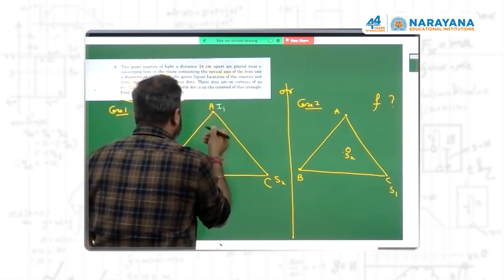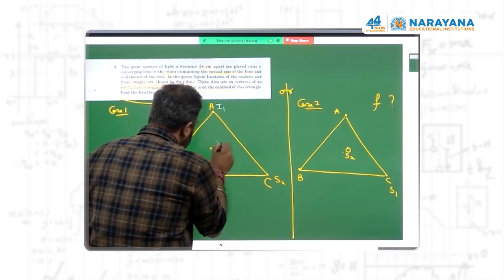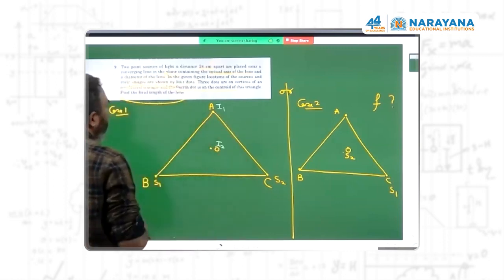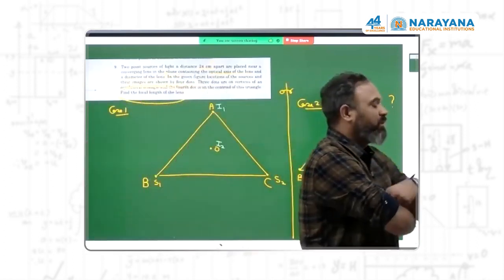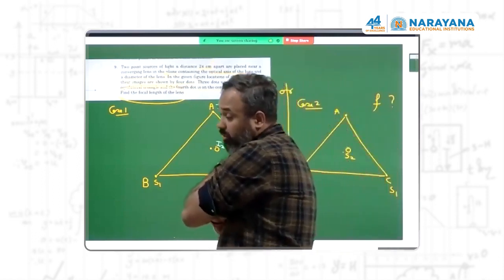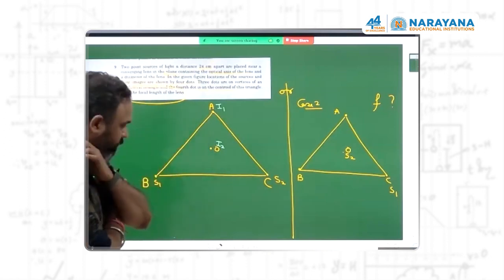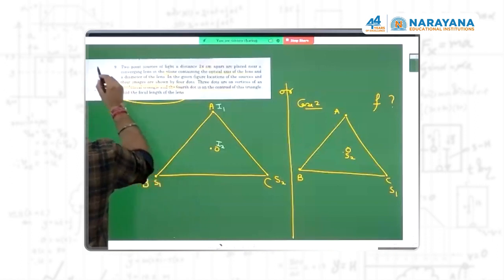If this is correct, then this one behaves like I1, and let's say the centroid behaves like I2, or vice versa can also happen. And all of us understand that the question paper setter has not given you the principal axis, right? So first of all, let me try to find out the optical center.